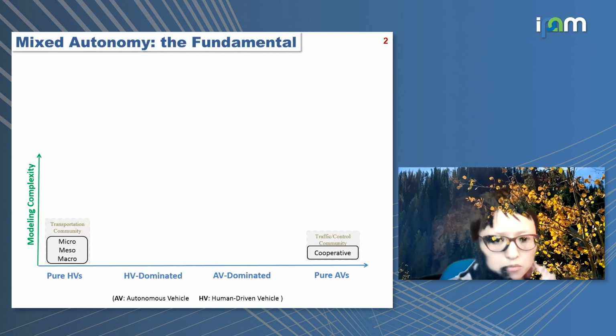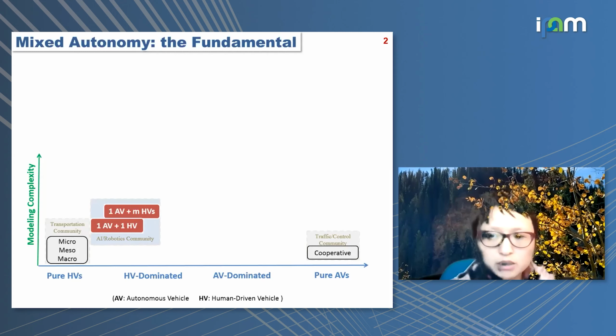Then when we look at this actual mixed traffic phase, I basically assign the AI and robotics community to this phase, because most of the work I have reviewed is published in computer science or AI conferences. They either study how one AV interacts with one HV.